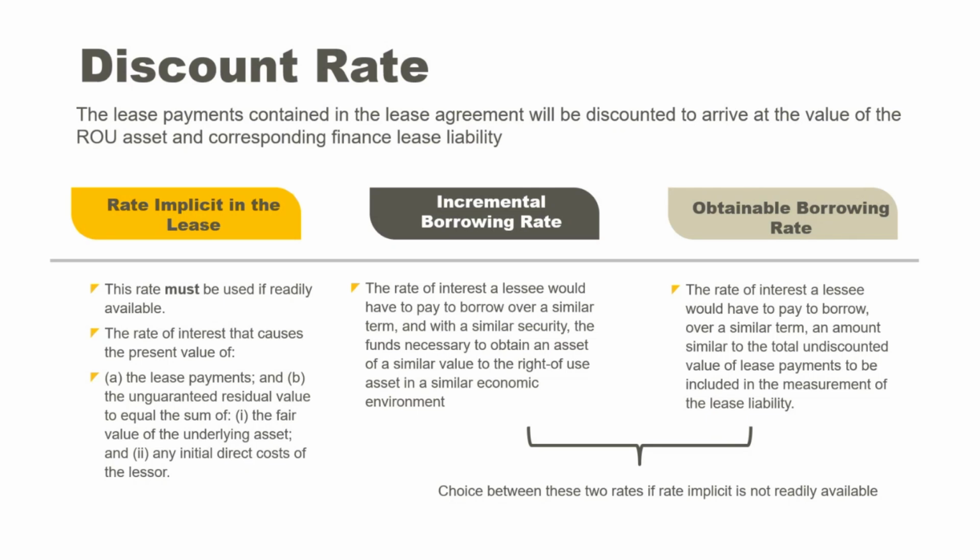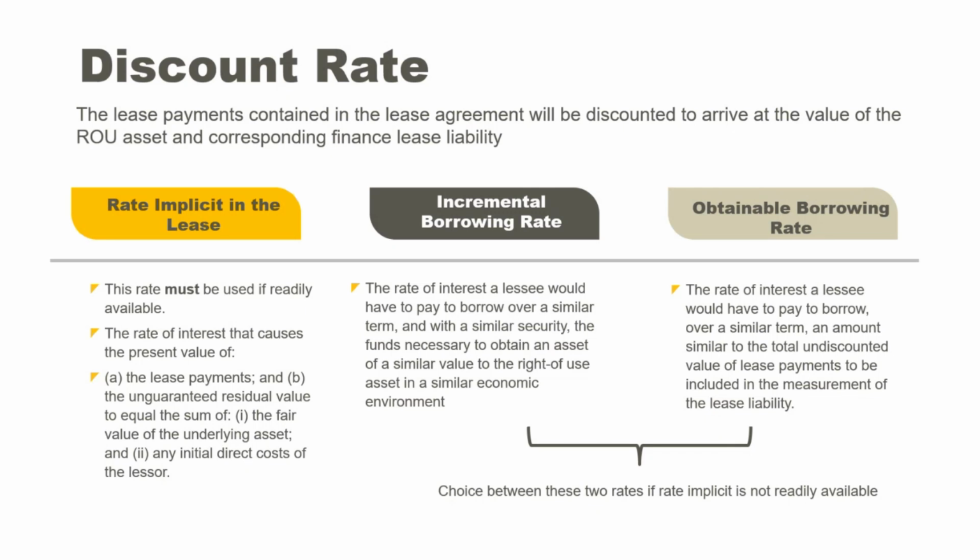So that leaves a choice between two options, the incremental borrowing rate and the obtainable borrowing rate. The incremental borrowing rate is the rate that at inception of the lease, the lessee would have to pay to borrow funds necessary to purchase a similar asset over a similar term with similar security. Now, that rate is quite complex because it's a secured rate, and the rate depends on the nature and monetary value of the asset being leased.